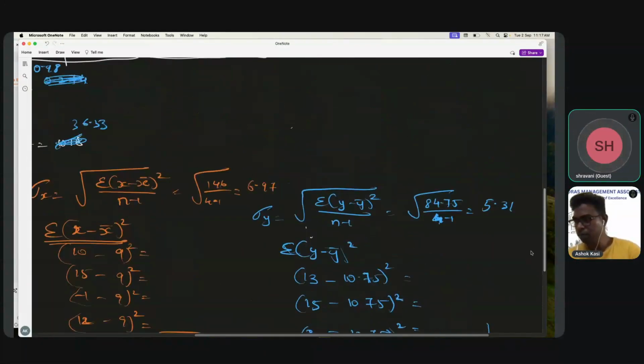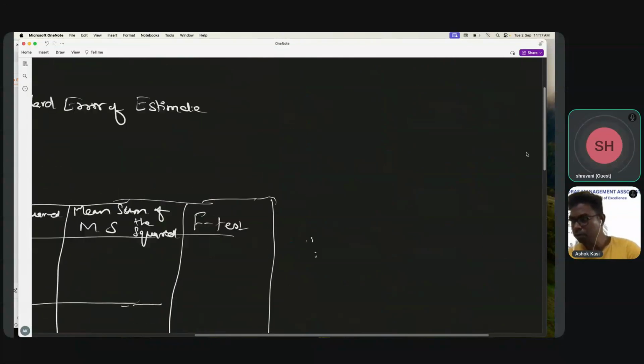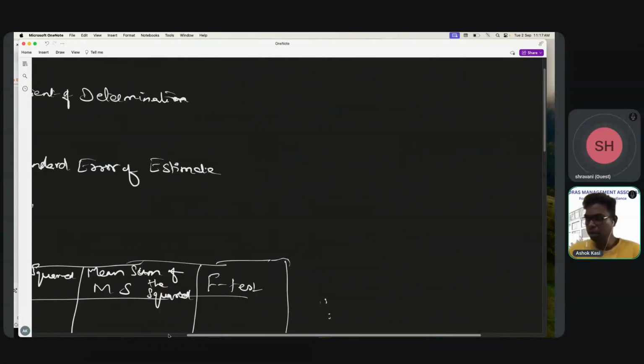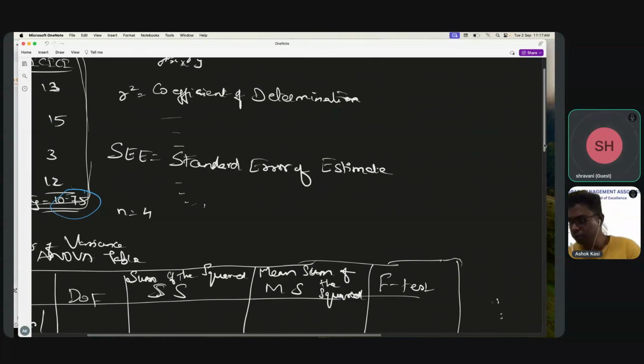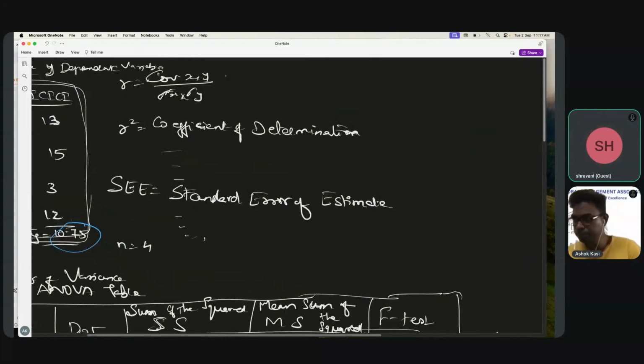Okay. So now we have calculated R: 0.98. Now R square is obviously 0.98 squared. Just calculate this.